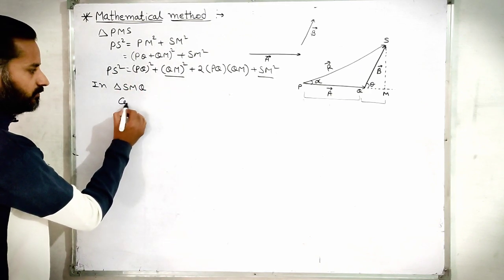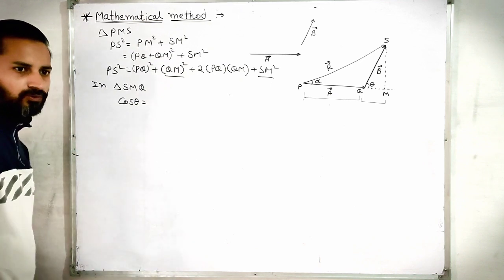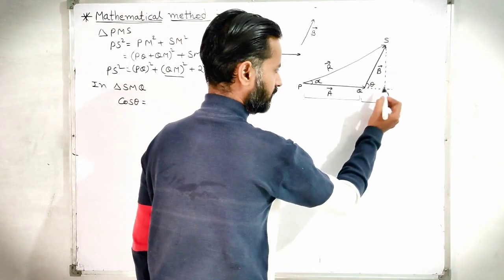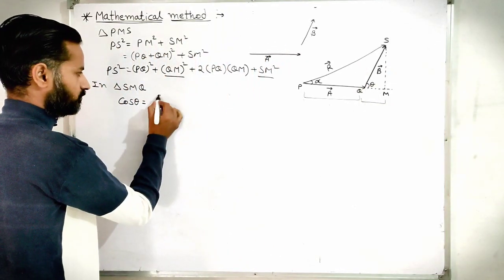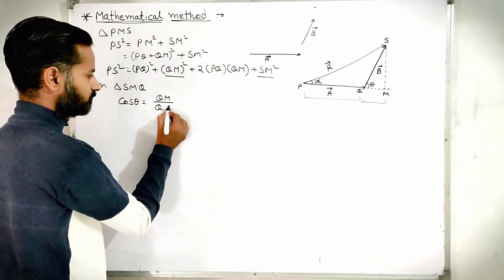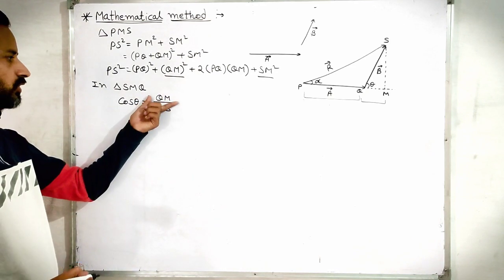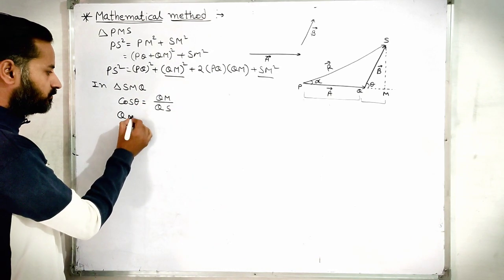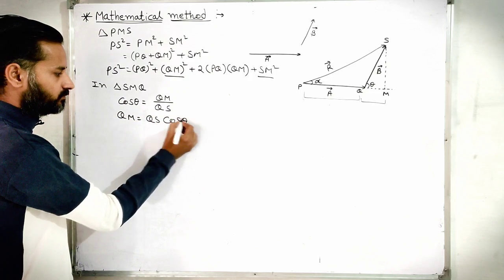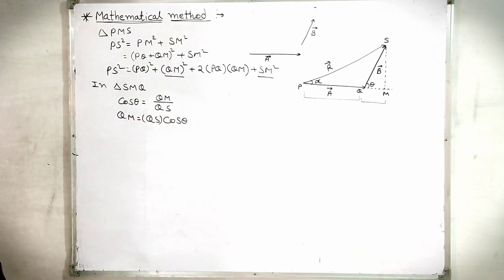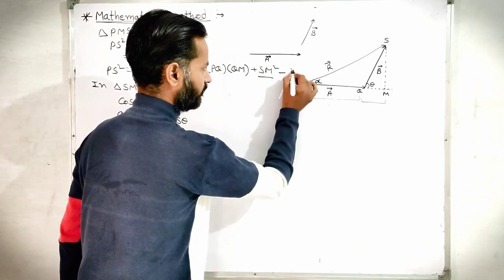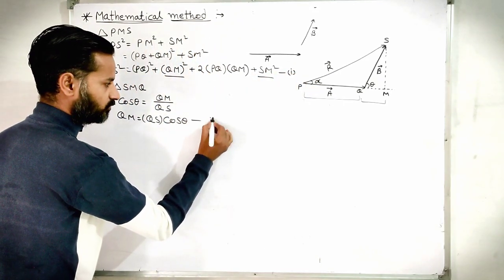the cos theta will be equal to base upon hypotenuse. So in this triangle, the base will be QM, hypotenuse will be QS. So QM will be equal to QS cos theta, and we will give the name equation 1 to the first equation, and equation 2 to this one.